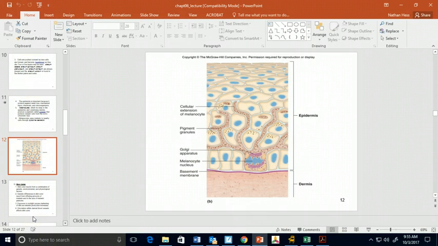In your epidermis, you have these things called melanocytes. And the melanocytes produce what? Melanin. And what does melanin do? It gives you color.